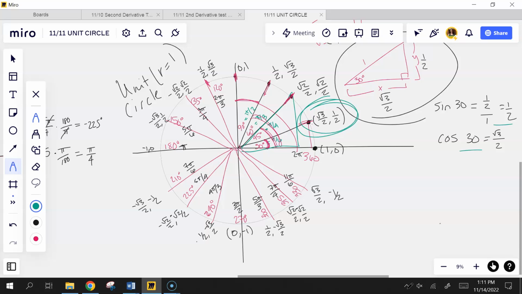On your unit circle, the cosine of theta, wherever you are, whether in radians or degrees, is your x coordinate at that value. The cosine is the x coordinate. The sine is your y coordinate.